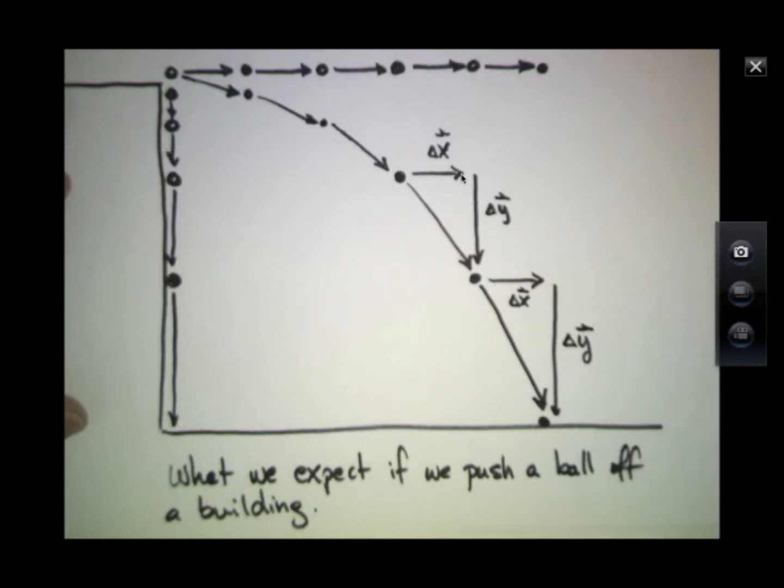Notice that delta x is always the same. It's delta y that's growing. In the same way, the velocity in the horizontal direction is always the same. It's the velocity in the vertical that's always changing.